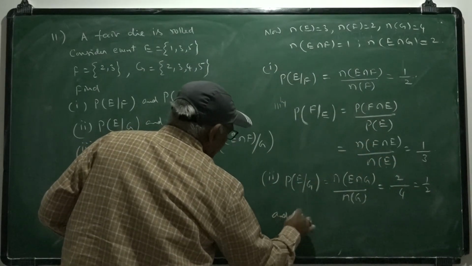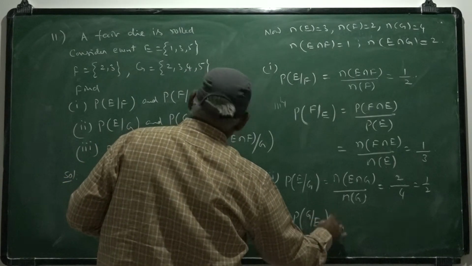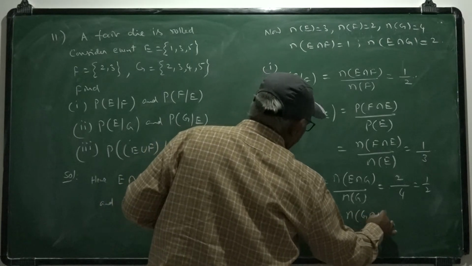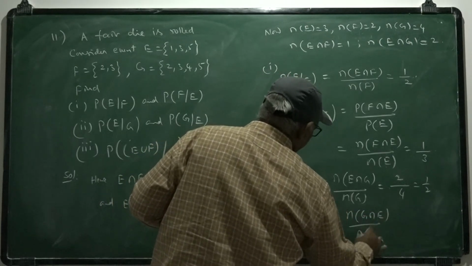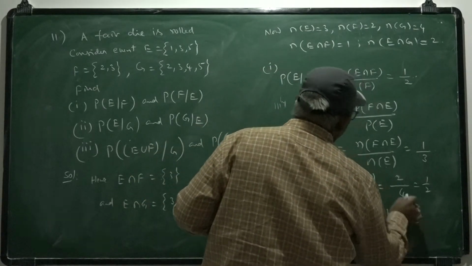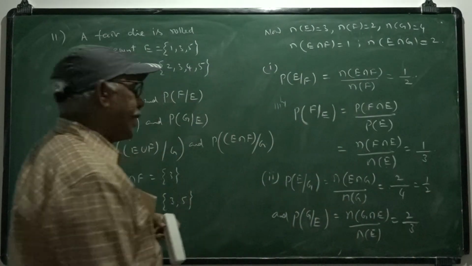And the conditional probability of the event G on the occurrence of E is n of G intersection E by n of E itself, which is 2 by n of E is 3. This is 2 by 3.